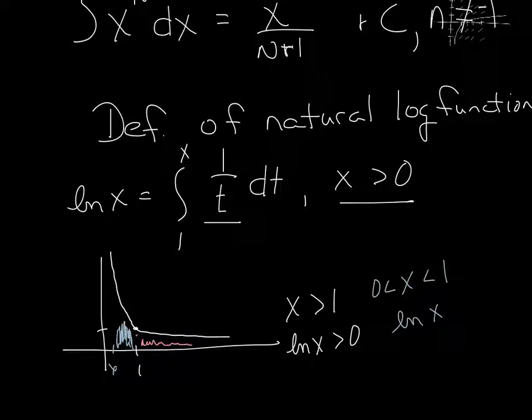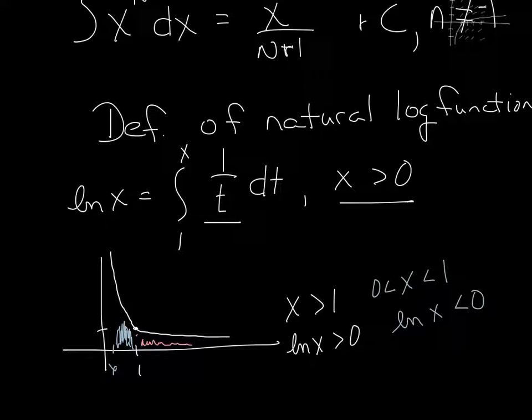If we start here and go left, what did we learn when we were finding area under the curve? If we start at a point and go back to the left, are these positive or negative? They're negative. So the natural log would be negative if x is between 0 and 1. We talked about this last year, but now you can see from a calculus perspective why that's so.